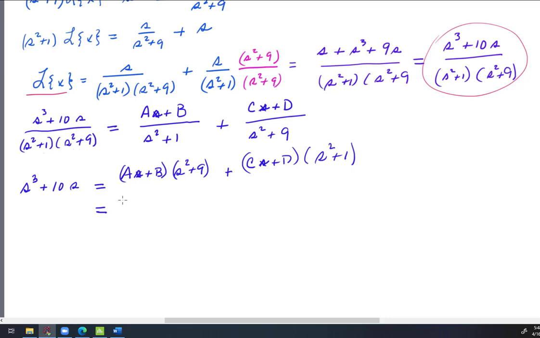So now let's do some algebra here. I've got an as and an s squared is as cubed. And then plus 9as plus bs squared plus 9b plus cs cubed plus cs plus ds squared plus d. And this is going to be equal to, now let's get the cubes together.